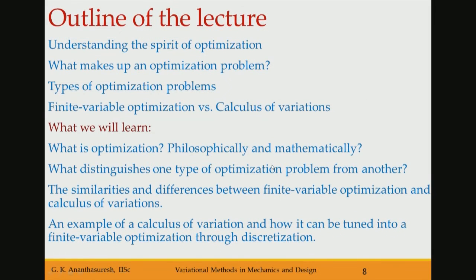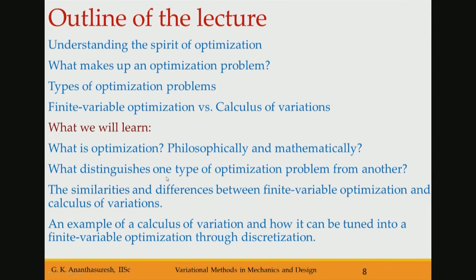Okay. So, if you look at what we are going to discuss now, we first have to understand the spirit of optimization, and then we have to understand what makes a good optimization problem, or even an optimization problem without the adjective good. We look at a number of types of optimization problems, in particular finite variable optimization and then calculus of variations. This is what we want to focus on, but we want to understand how it is different from finite variable optimization.